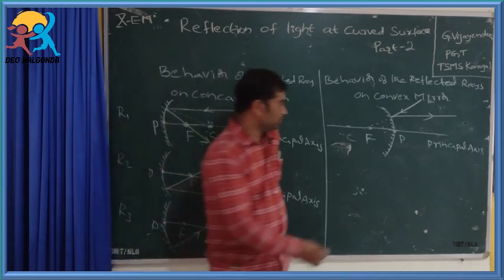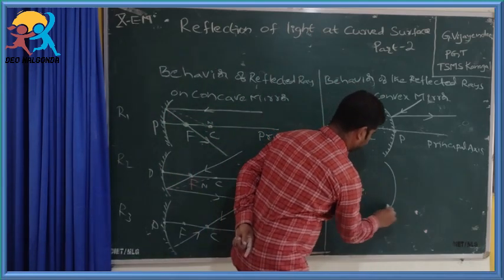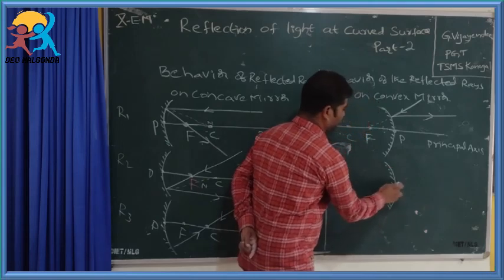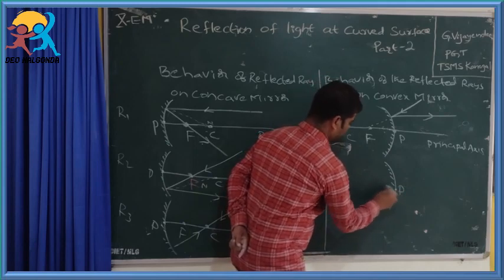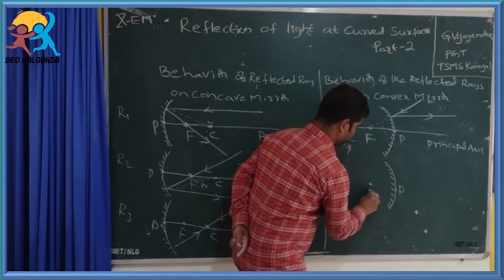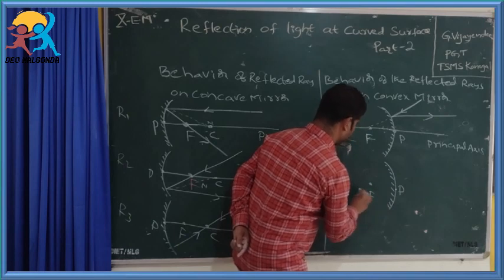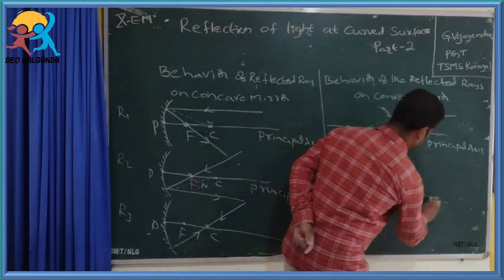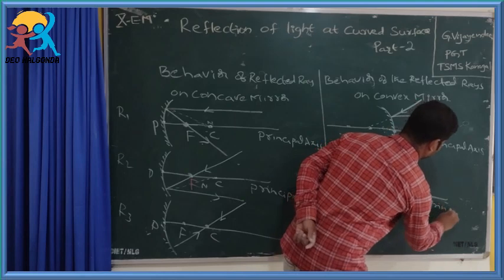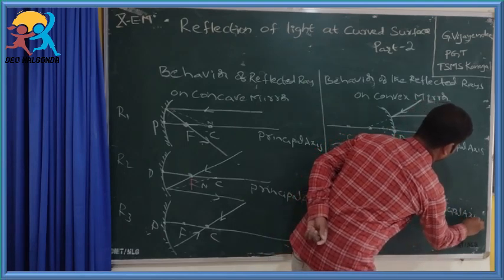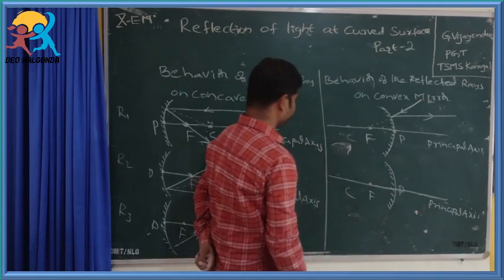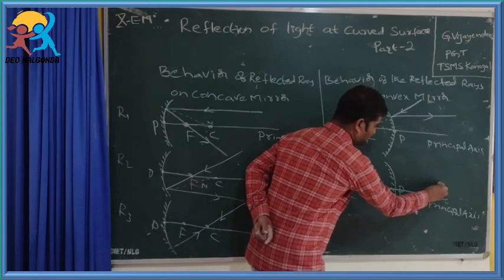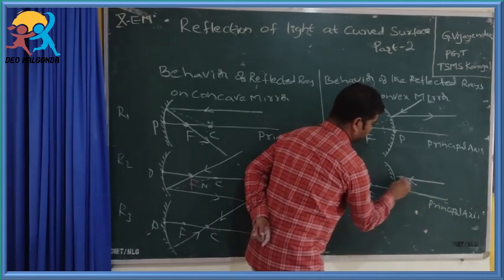Now the second rule. Same convex mirror: coated inside, with the reflecting surface outside. This is the pole, the center of curvature, and the principal axis. In the second case, the incident ray is parallel to the principal axis.